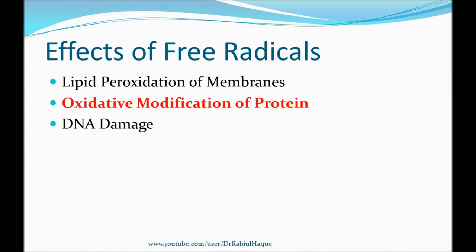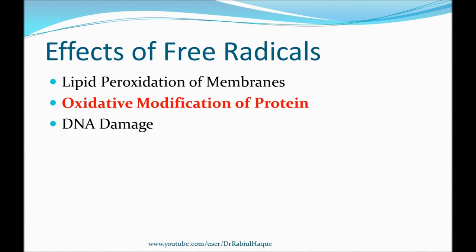Recall that enzymes are also proteins, so oxidative modification of protein can disrupt the active sites of enzymes, and that will result in reduced or lost functionality of those enzymes. Similarly, some proteins are structural proteins, and oxidative modification of those proteins can disrupt the conformation of those proteins.